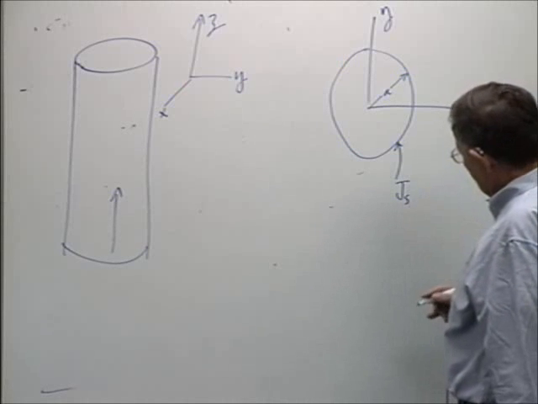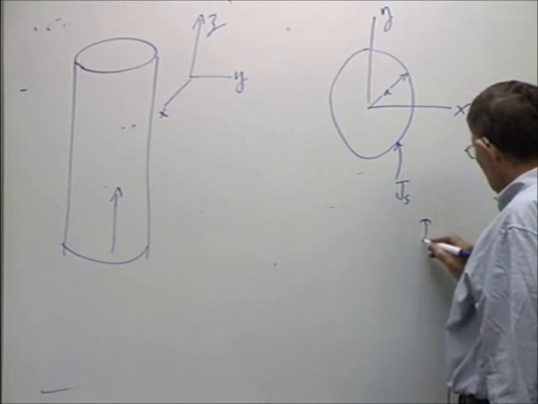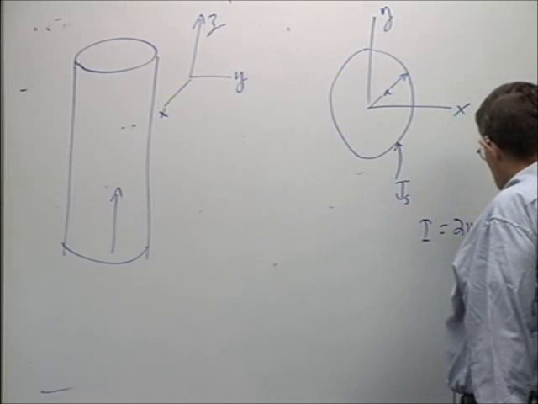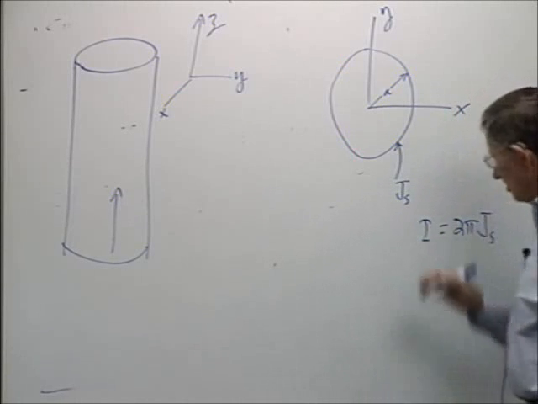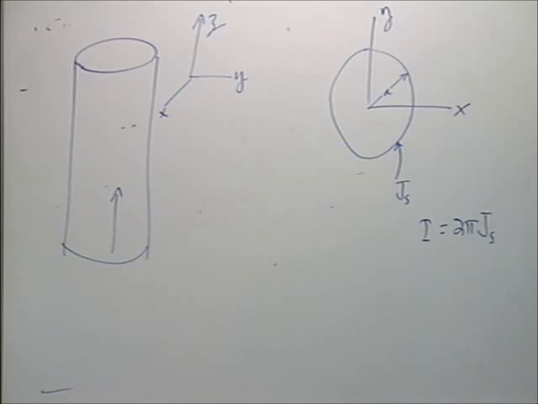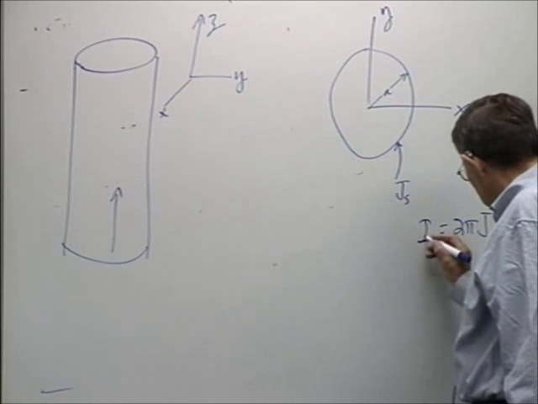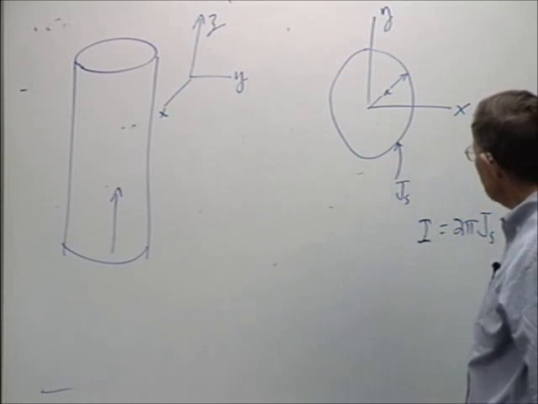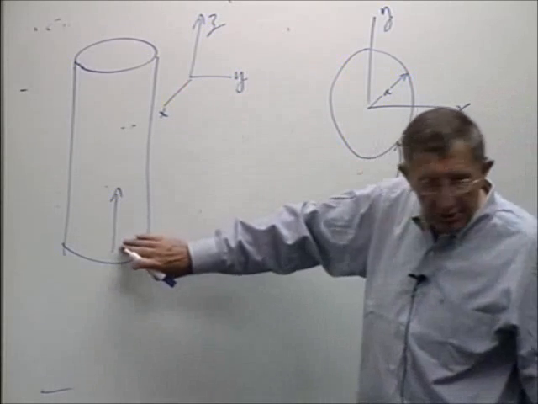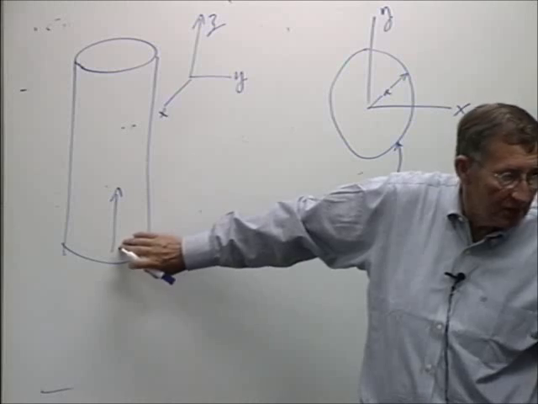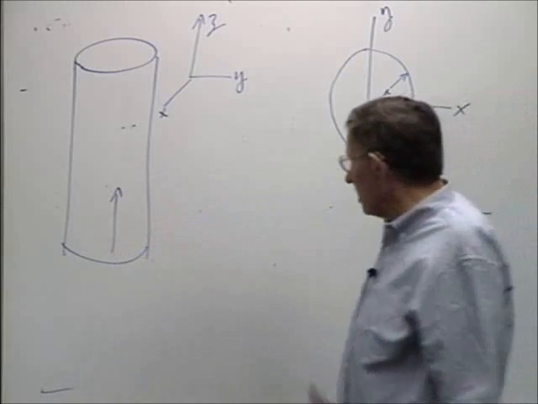If it has surface current density of that, the total current is going to be 2 pi a times JS. Just add it up around the circumference for the total current. So this could have the total current specified, or could have JS specified. You have to be able to go either way.